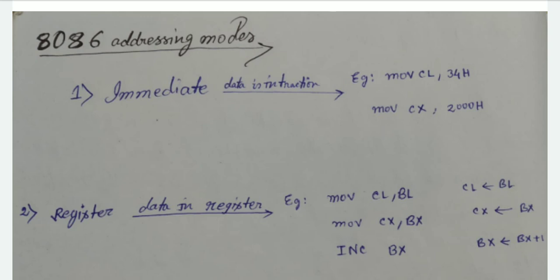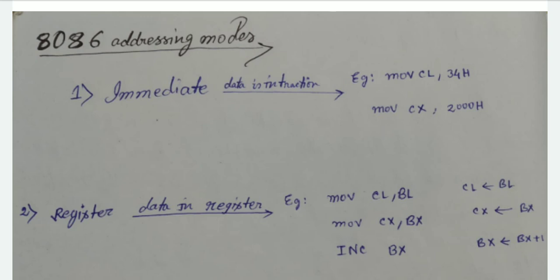To understand the instruction, we need addressing modes. Addressing mode is the manner by which an operand is given in an instruction. I am repeating, addressing mode is the manner by which an operand is given in an instruction.